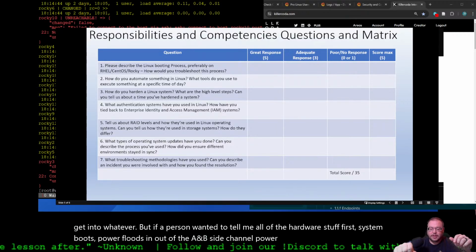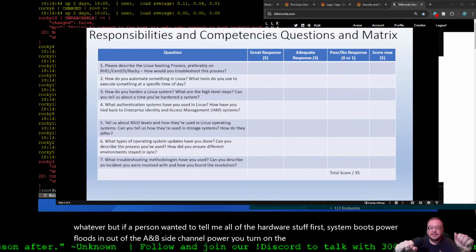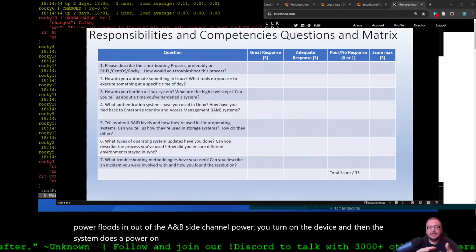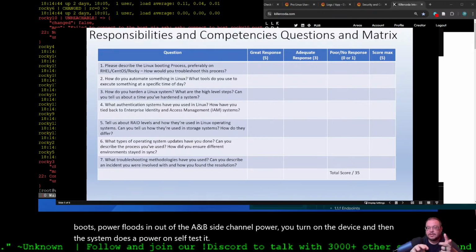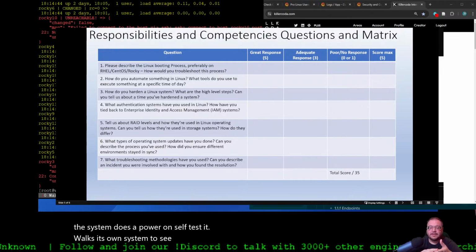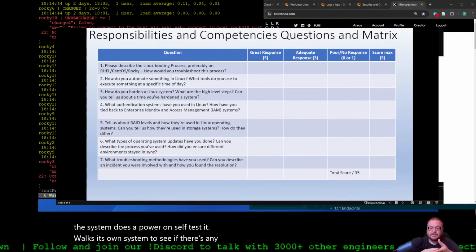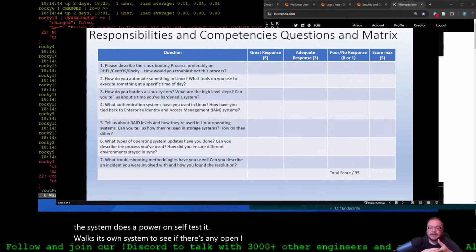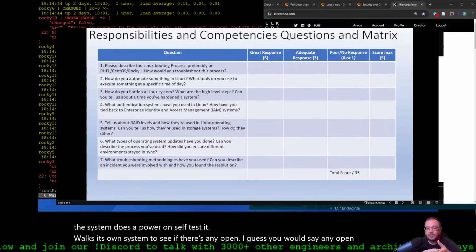You turn on the device, and the system does a power on self test. It walks its own system to see if there are any open circuits and anything that's not working properly.